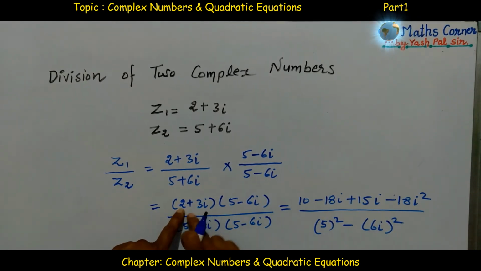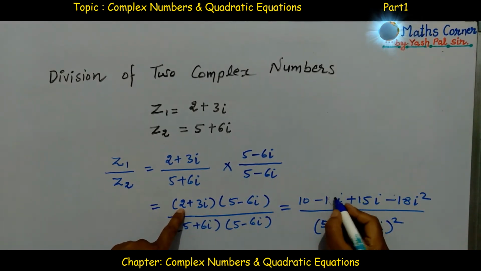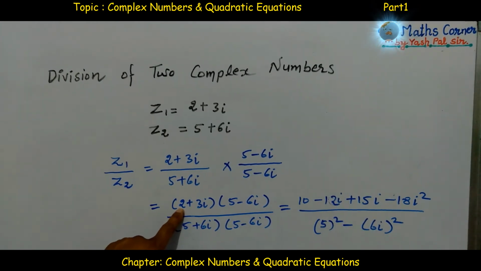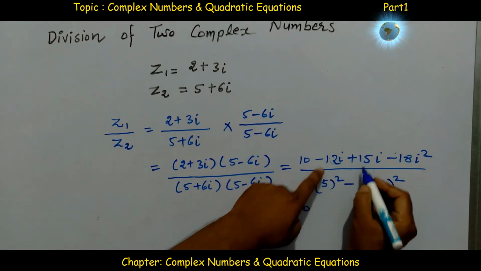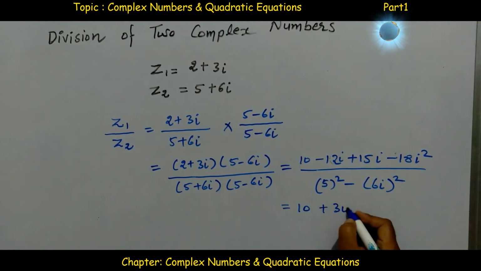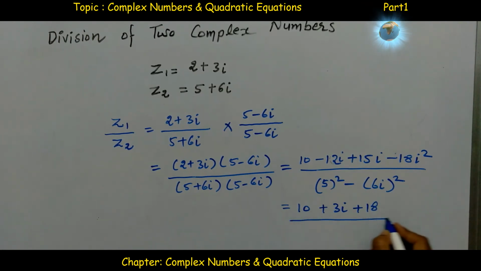Next we have 10, minus 12 plus 15 is plus 3 iota. This becomes plus 18, and in the denominator 5 fives are 25 minus 6 sixes are 36 iota square.